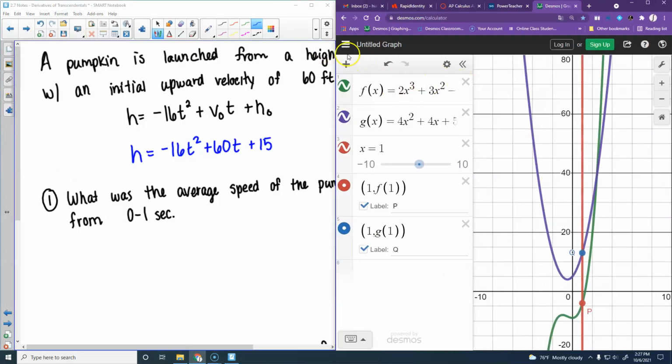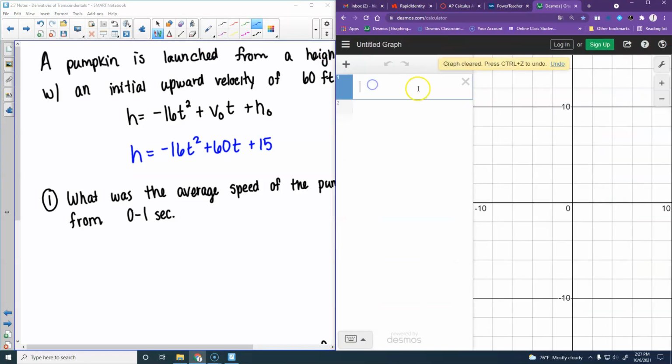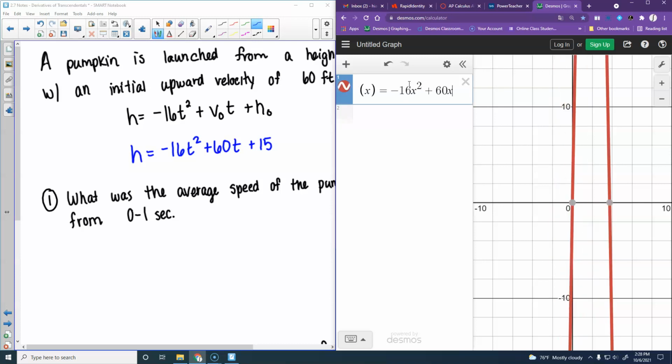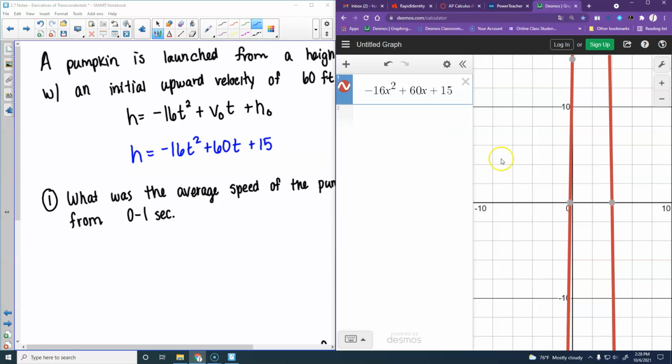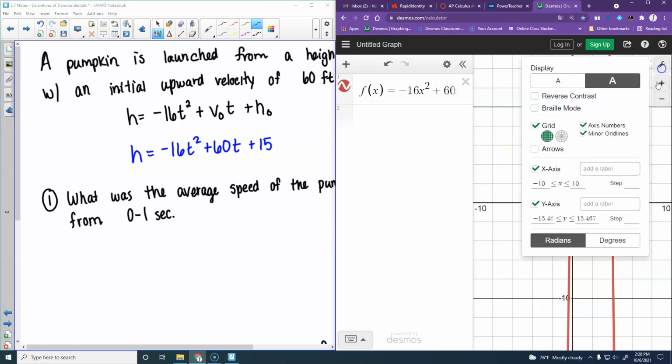Let's look at the graph just to see. So we'll call it f of x instead of h. Negative 16 x squared plus 60x plus 15.